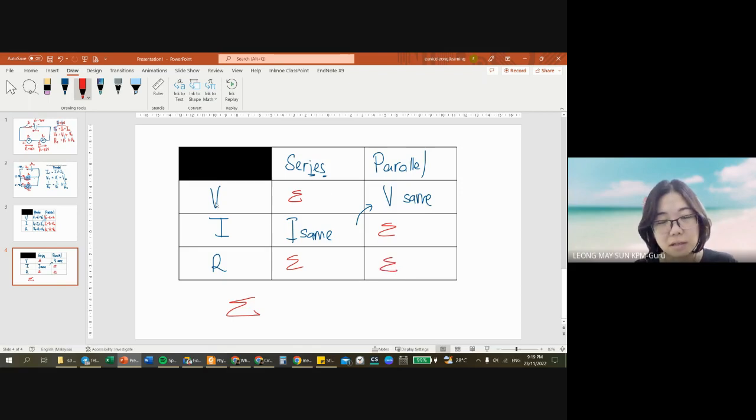In series, potential difference is the sum. In parallel, current is the sum. Series means next to each other, so it's a sum of direct resistance. Parallel is above and below, so fraction, 1 over R. This is how I memorize the series and parallel circuit.